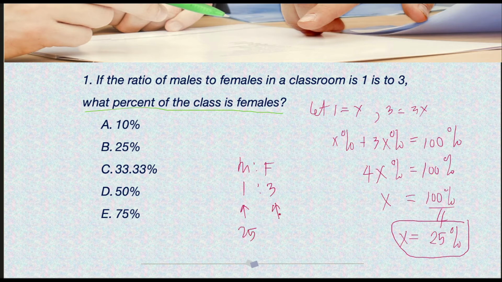So 3 parts would be 75%, and this represents the composition of female students. So the correct answer from the choices is 75%. Check that: if 75% are females, then 25% are males, a total of 100%.